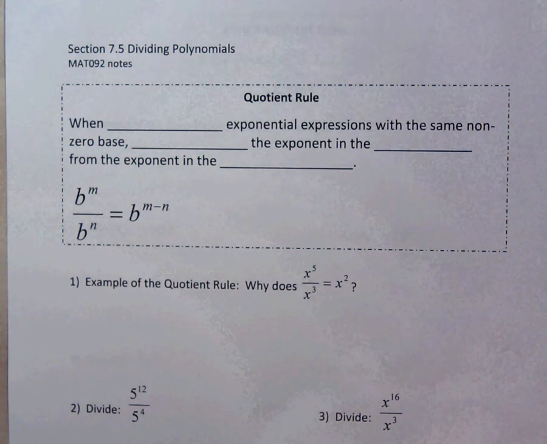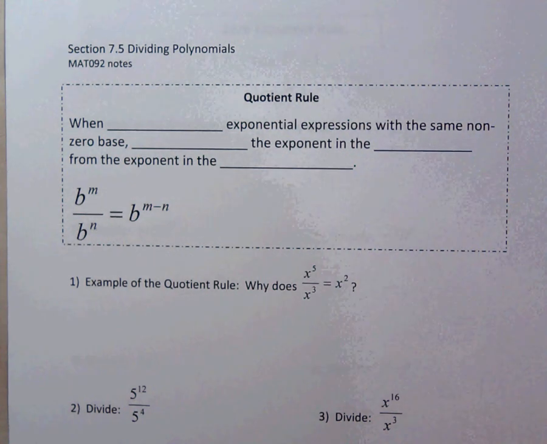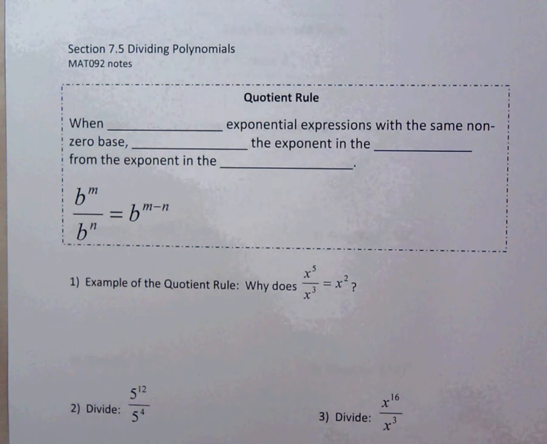Section 7.5, Dividing Polynomials. In this section we have some more rules that we have to become familiar with. The first rule is called the quotient rule.